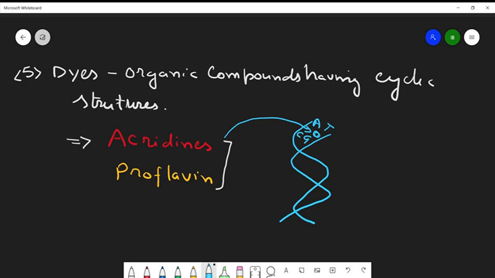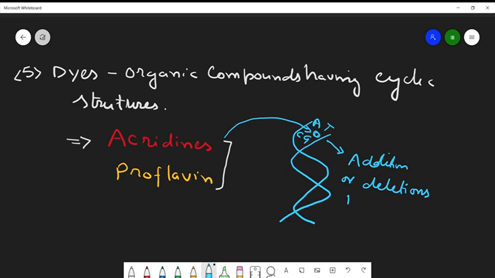As a result of this intercalation, or their attachment within the nitrogenous base pairs of the DNA, nitrogenous bases will be either added or deleted.